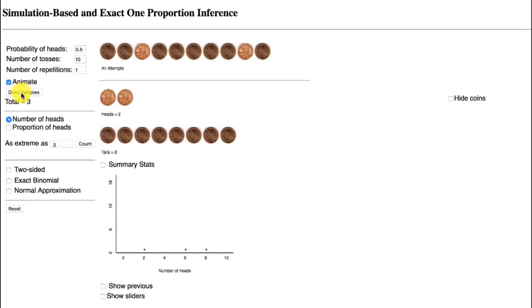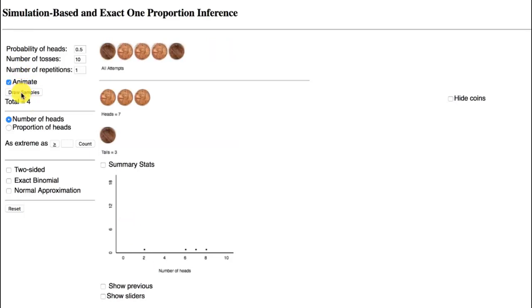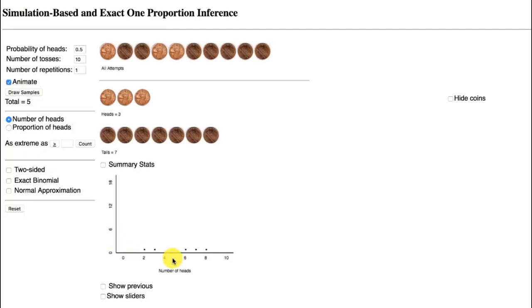And I'll keep flipping, and now we've got 7 heads and 3 tails, so it's drawn a 7, and now we've got 3 heads and 7 tails, and already you've got a cluster here of 6, 7 and 8, and then a 2 and a 3. Nothing actually in the middle where we expect it to be.